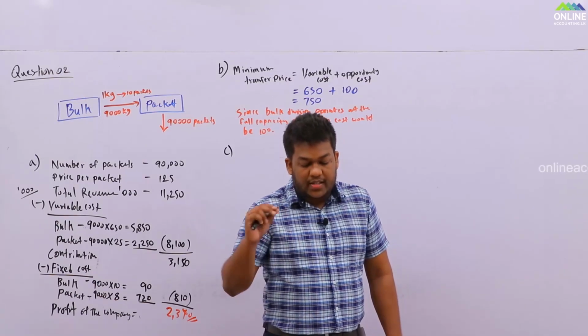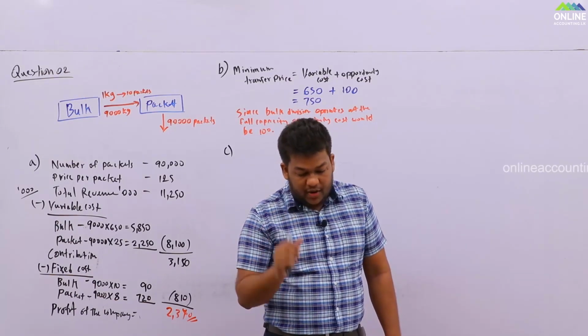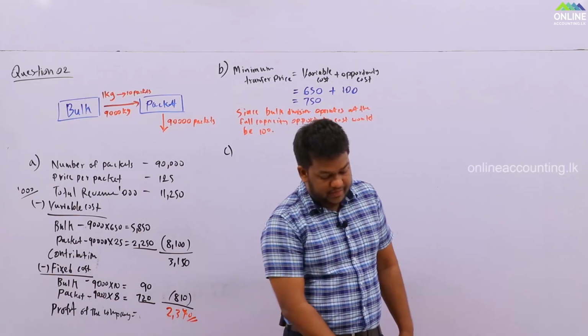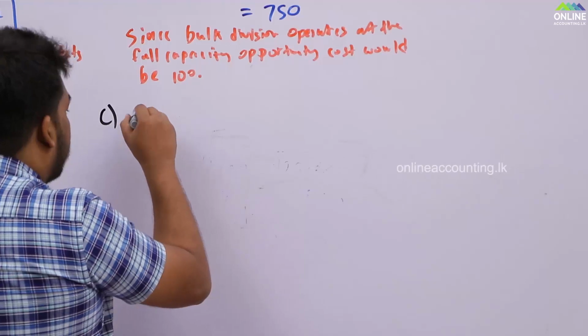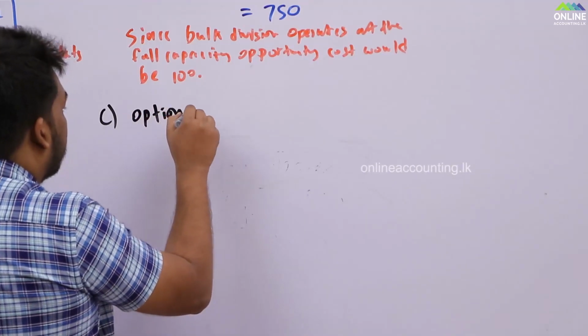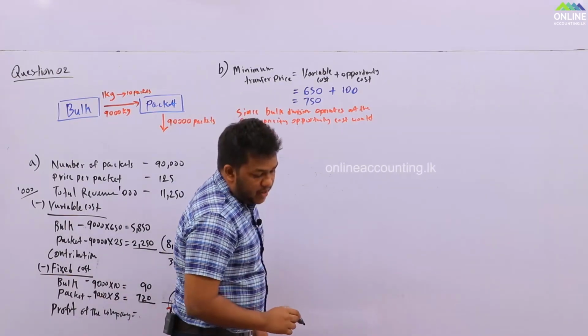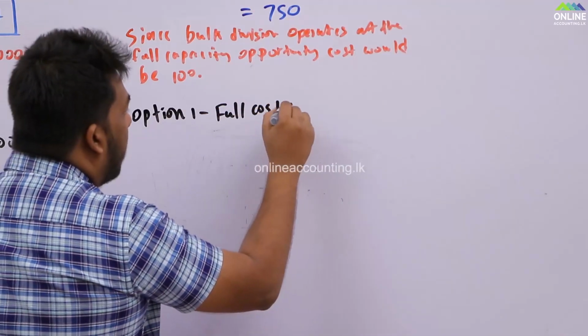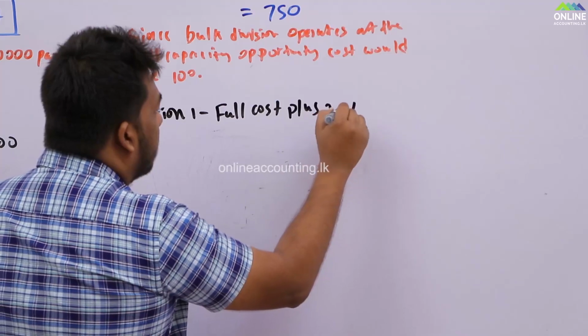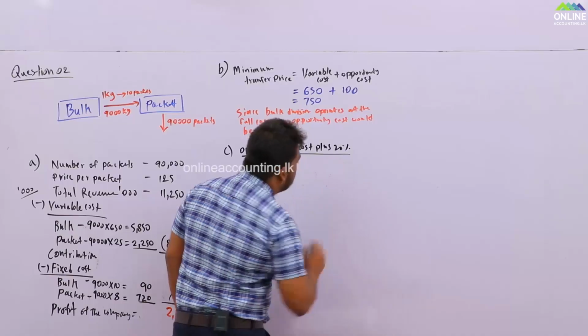If the company has the following policies for transfer price, calculate the bonus received by each division. The first one, option 1. Option 1 is full cost plus 20%.